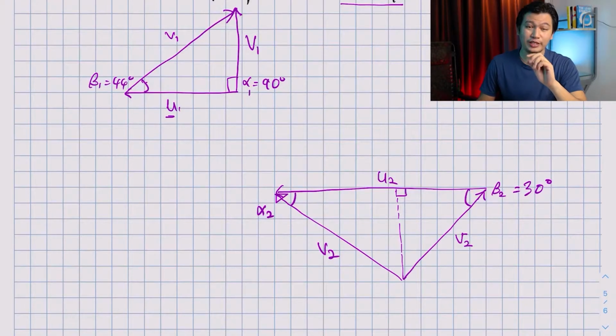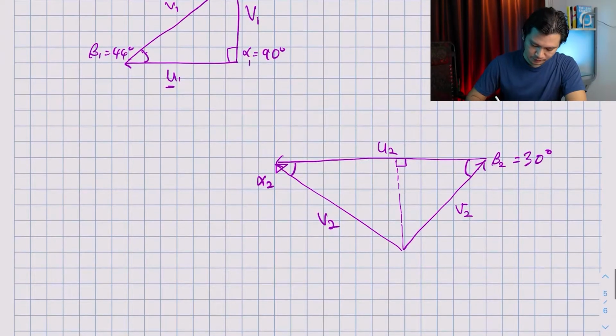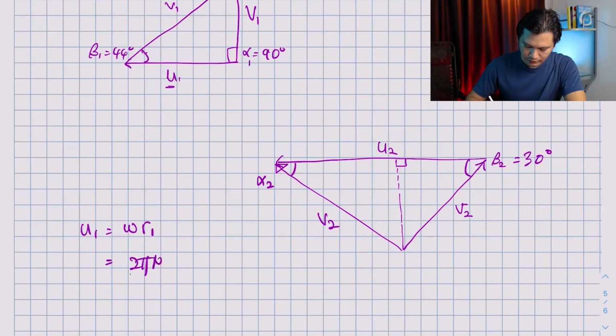Okay, so why don't we try and find U1 at the moment? U1 is going to be omega times R1. And omega is simply 2 pi n divided by 60, times R1.